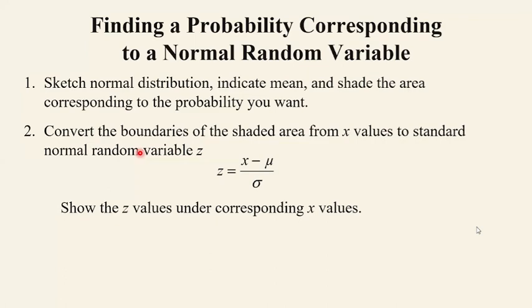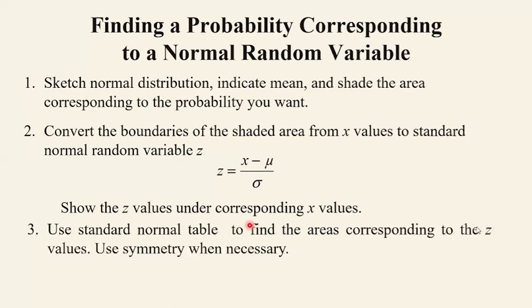According to the boundary values, all the boundary values should be converted into the standard normal variable using this formula: Z equals X minus mu over sigma. Then show the Z values under the corresponding X values.